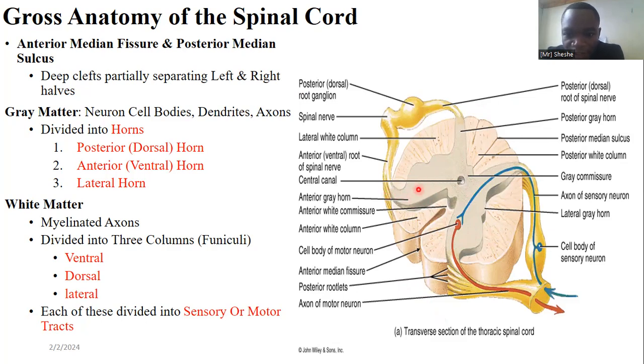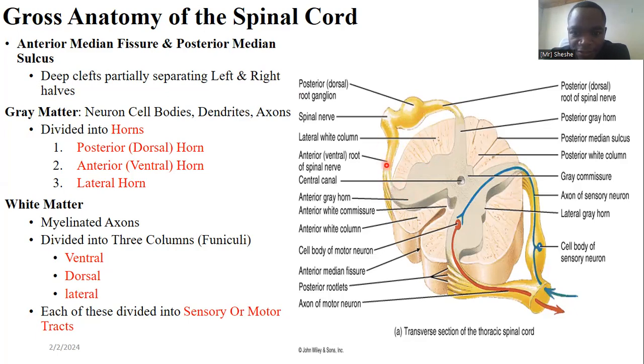There are cell bodies and dendrites in here. Then the axons are now leaving the spinal cord. They are a large collection of cells, and you see that the axons now leave and form a spinal nerve. So this is a spinal nerve. What is coming from the gray matter is motor nerves.